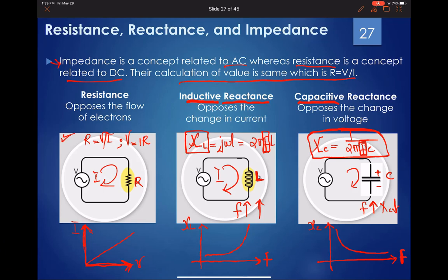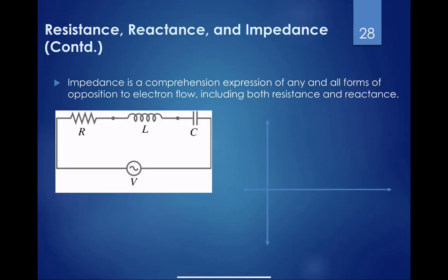Let's now move on to understanding what impedance is. A good way to understand impedance is to think of this circuit right here, where I have a resistor that has some resistance. Say this is R, and I'm going to give some values to it also. Say this is 150 ohms.